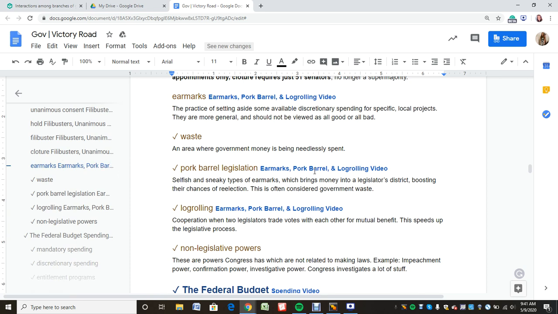So it kind of just stacks projects and brings money into that district, and it boosts that legislator's chances of reelection. But as I talked about, this is considered government waste because it's a bad kind of earmark.